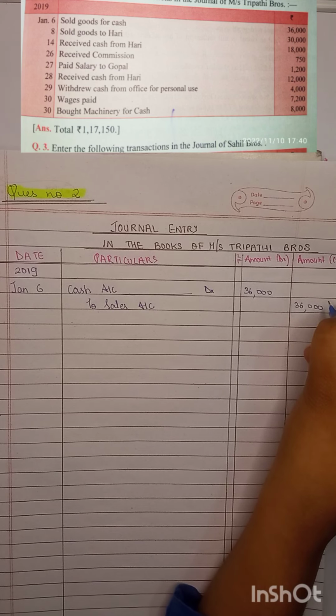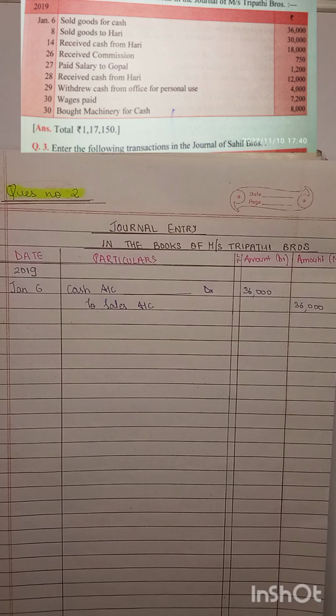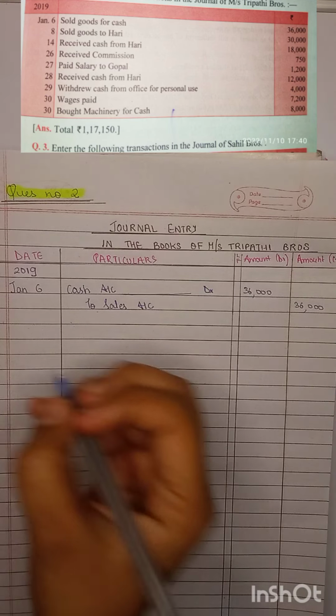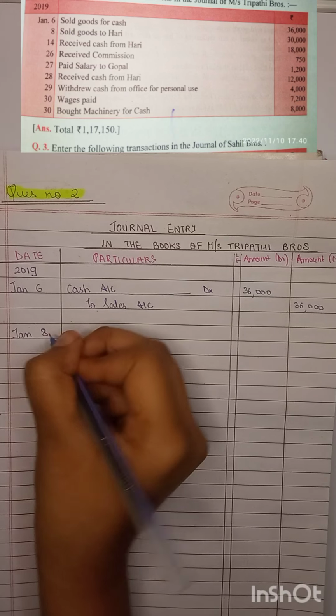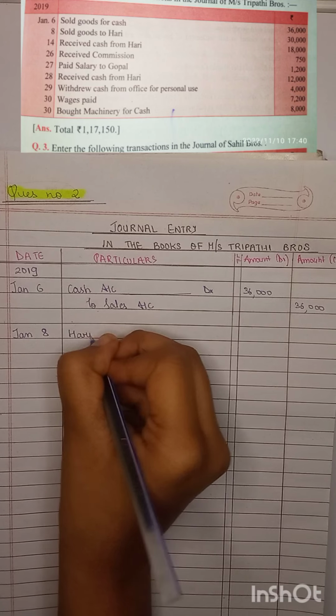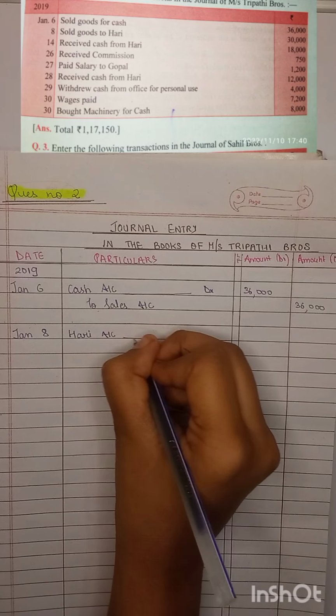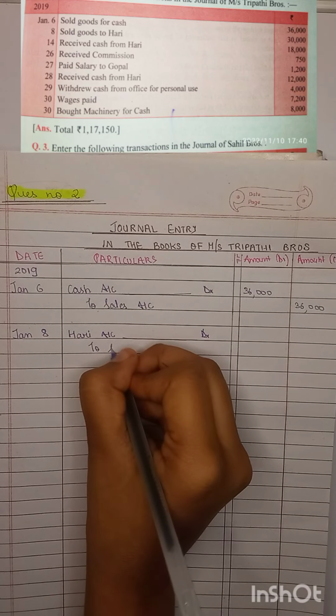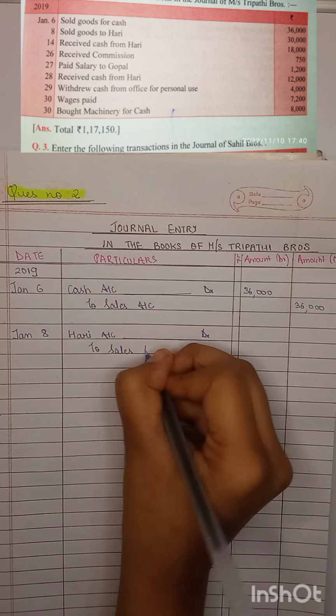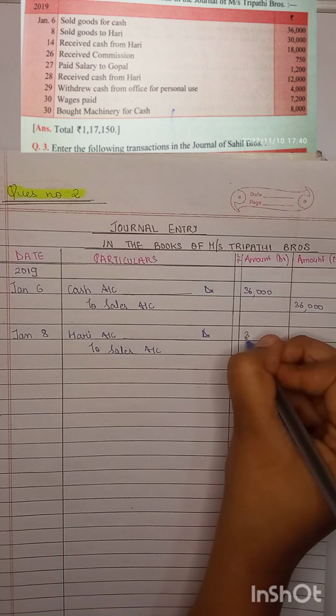Our second entry is sold goods to Hari. It is not a cash transaction, so here we will write Hari account debit to sales account. January 8 for 30,000.